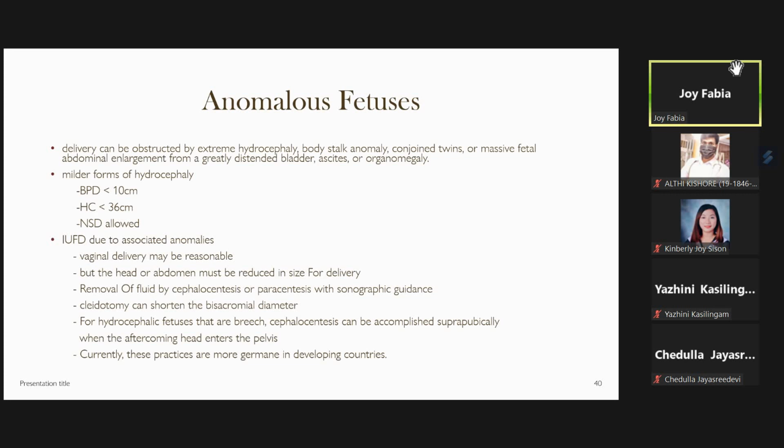Eventually, we had shoulder dystocia during that time.